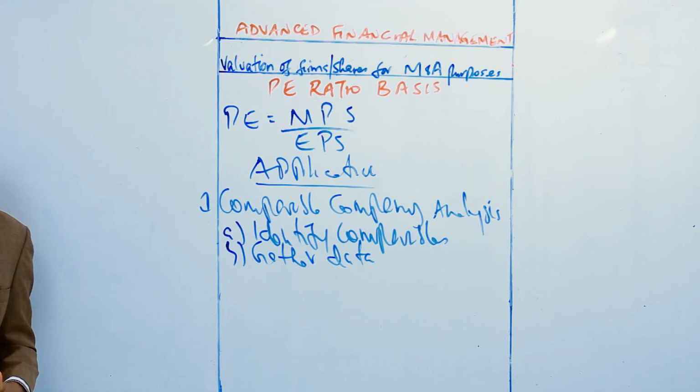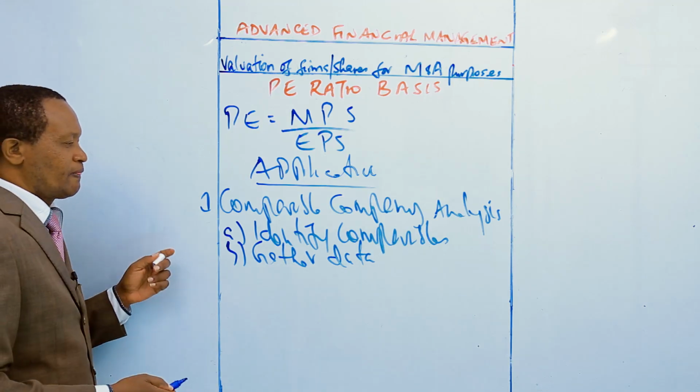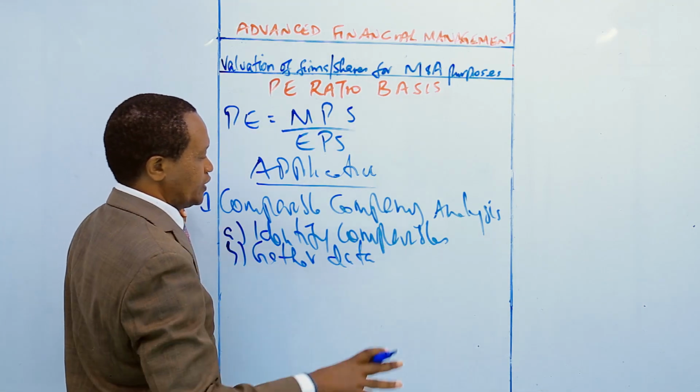That is to mean collect financial data for the comparable companies, including their current stock prices, the earnings for at least 12 months or forward estimates. You understand? Look at the financials of the companies that you've chosen.